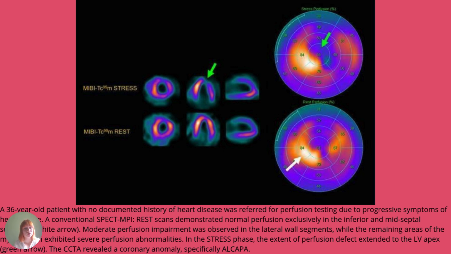It is not a standard way because the patient first underwent nuclear imaging and then CCTA.